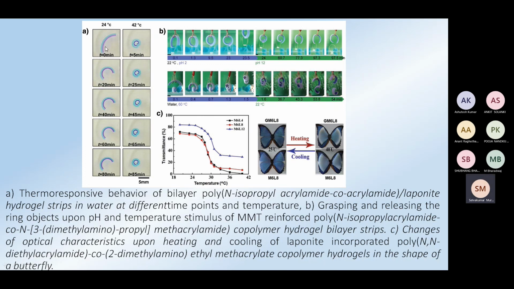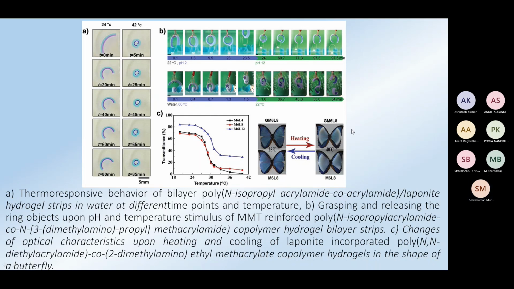If you increase the temperature slightly above room temperature, to about 40 degrees Celsius, the straight strip transforms into a completely circular form. And when you take the hydrogels out of the water and bring them to room temperature, they come back to the original geometry.